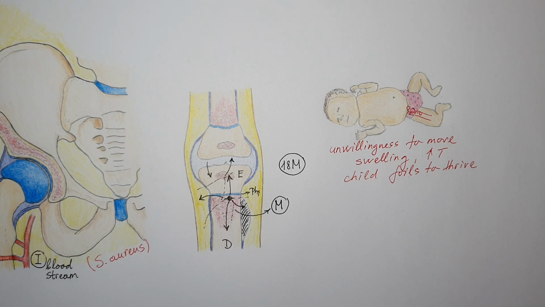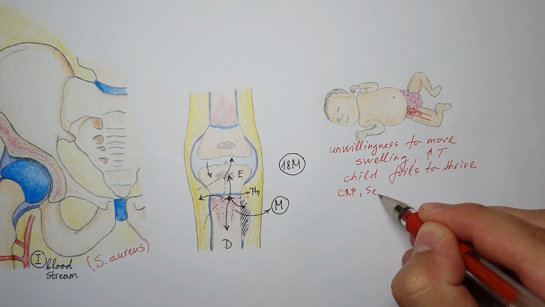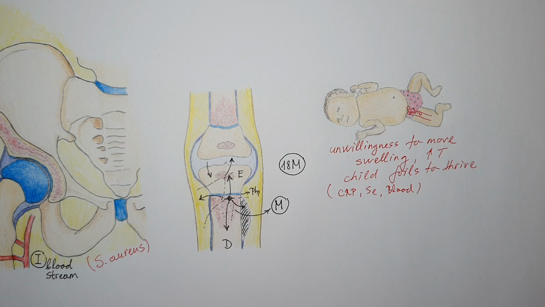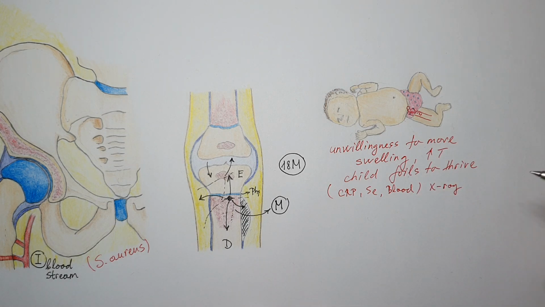So then when we suspect that there is maybe an acute osteomyelitis present, then we need to do diagnostics. Blood work is the first thing we do. So with CRP, sedimentation, and blood analysis, in osteomyelitis, in most of the cases, we have a rise in these parameters, and then we can do x-rays of a suspected site.